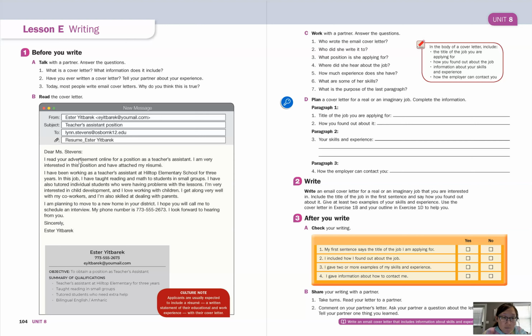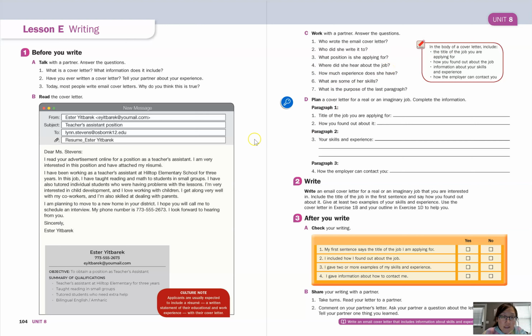Stevens. And then number 3, what position is she applying for? So we can say she is applying for a position as a teacher's assistant. She is applying for a position as a teacher's assistant. Okay, and then number 4, where did she hear about the job?